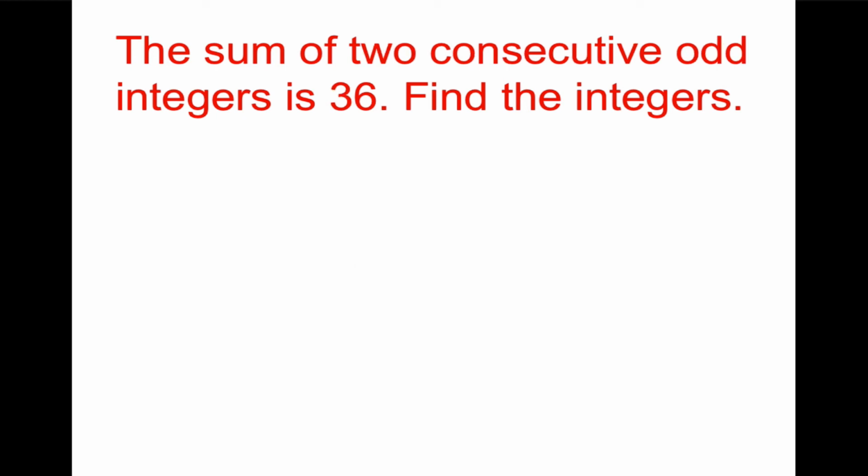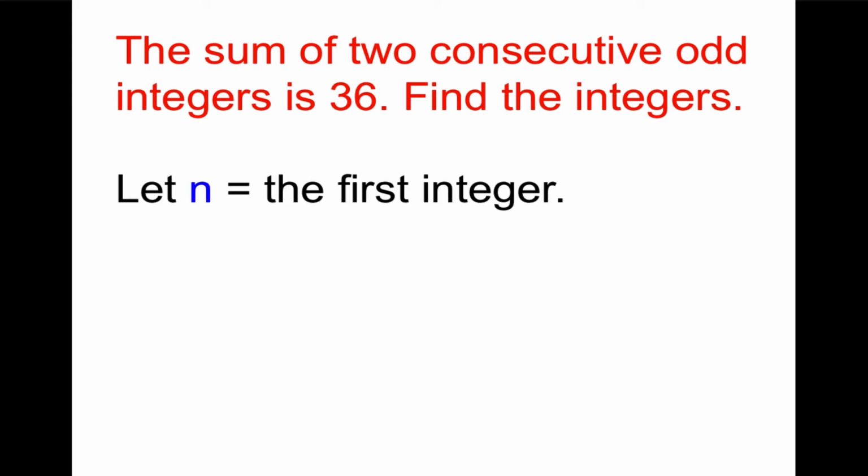One more type of question might ask about consecutive odd integers or consecutive even integers. In a case like this, we still would represent the first integer with n. Okay, this one says the sum of 2 consecutive odd integers is 36, and find the integers. Well, if the first integer is n, what would the next odd number be?